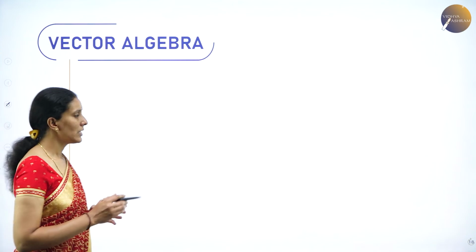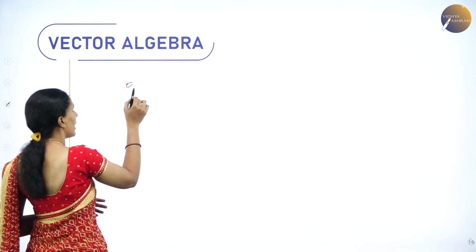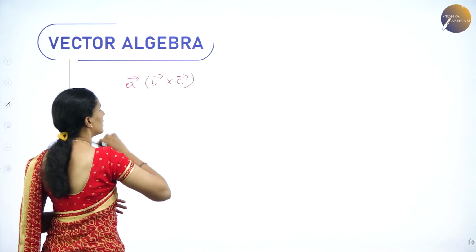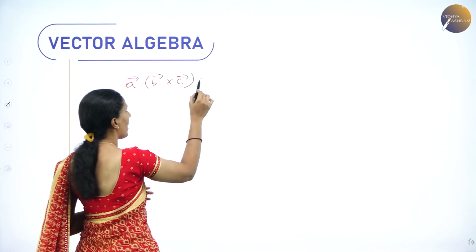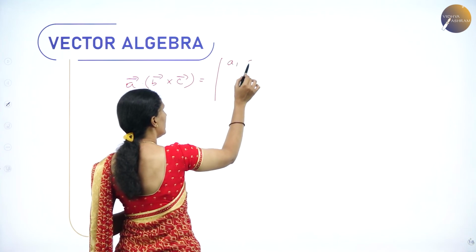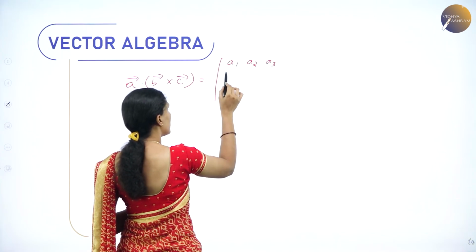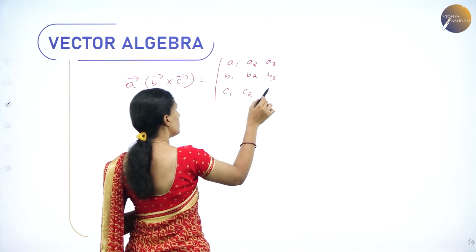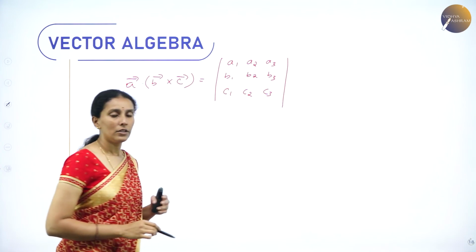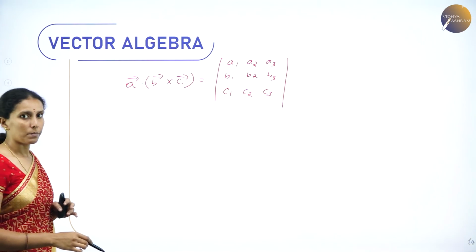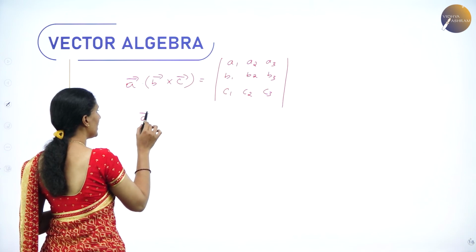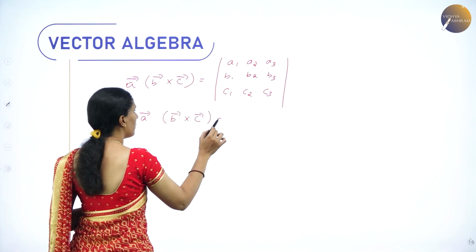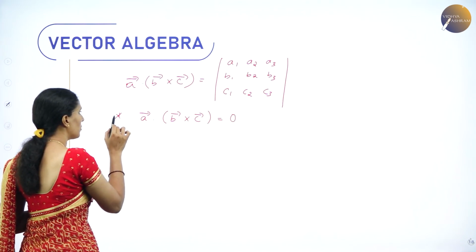Now coming to the scalar triple product, we have a dot b cross c as the scalar triple product whose value can be taken in the form of determinant a1, a2, a3, b1, b2, b3, c1, c2, c3. And the geometrical application of the scalar triple product is that to show that any three vectors are coplanar or any 4 points are coplanar, we need to show that the value is equal to 0.